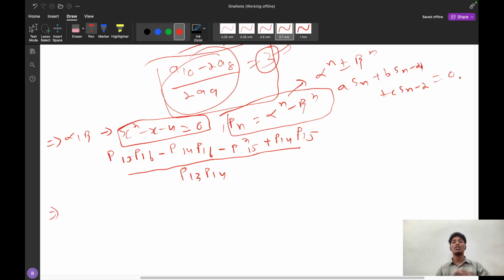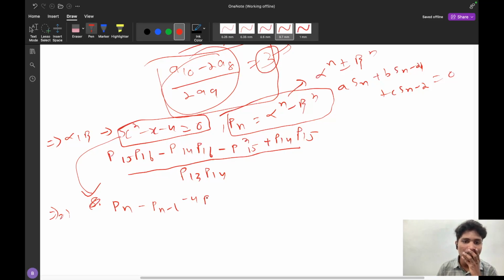I can write this for any quadratic equation. But here it is not S, it is P they gave. So I can write Pn minus Pn minus 1 minus 4 Pn minus 2 is equal to 0.